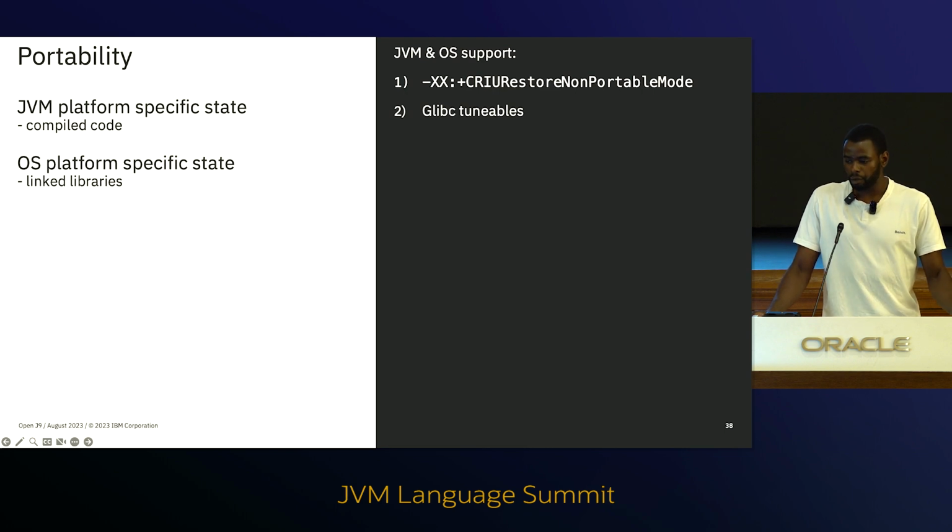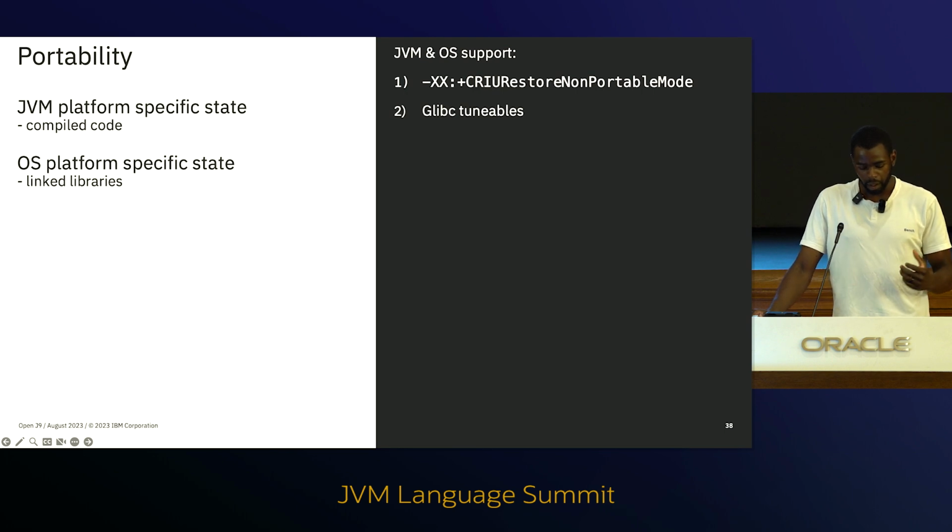So some of the other challenges are due to portability. Earlier I talked about how you can take a checkpoint in one environment and restore it in another. The JVM has a JIT, as you all know, and this compiles and optimizes Java bytecodes. To get optimal performance, you often use the instructions available on the target machine, so you look at the machine capabilities to determine which instruction is the best.